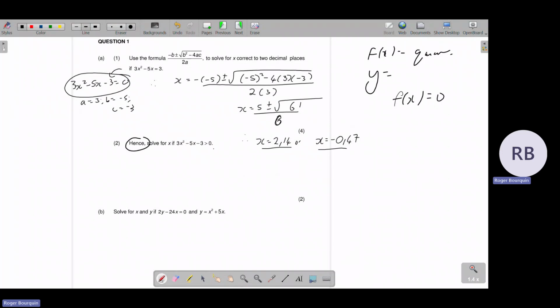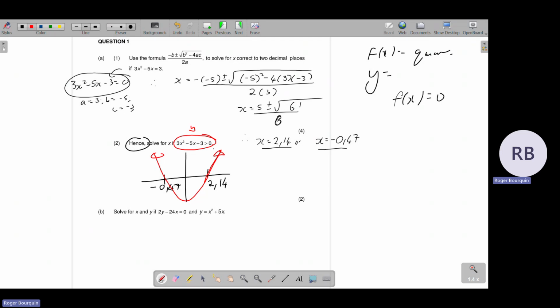So what do we know? Our x-intercepts are negative 0.47 and 2.14, and this is a parabola. Okay, so now we want to know where the y coordinates are bigger than 0.